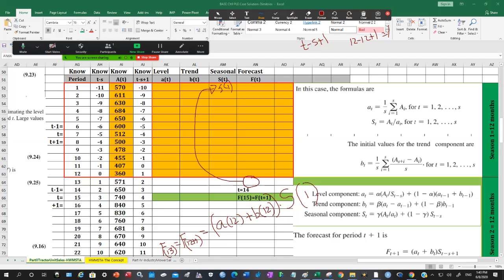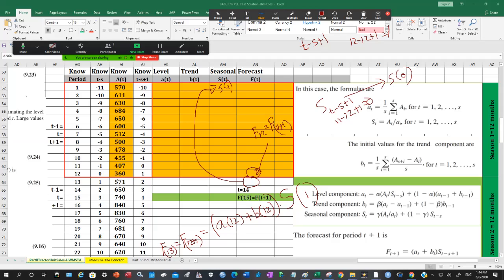You see, if we try to find this forecast right here, that would have been f of 12 equals to f of 11 plus 1, okay? And the seasonal component, t minus s plus 1, would be 11 minus 12 plus 1, which would be 0. So we would look for s of 0, and we don't have s of 0.